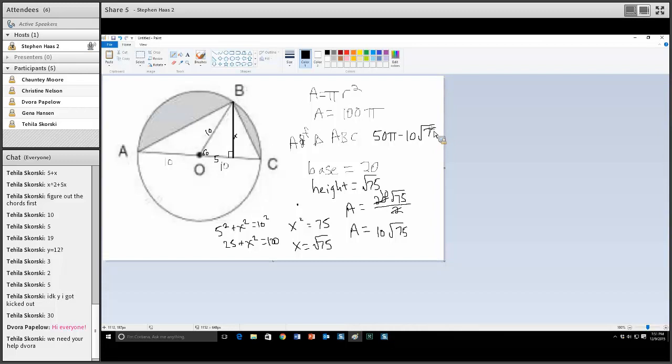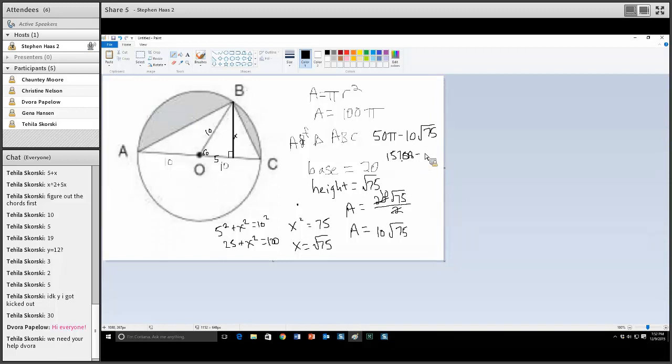Now, if we did it on the calculator, 50 pi, well, what would 50 pi be? 50 times 3.14. So this would be 157.08, we'll call it. Minus 10 times the square root of 75.